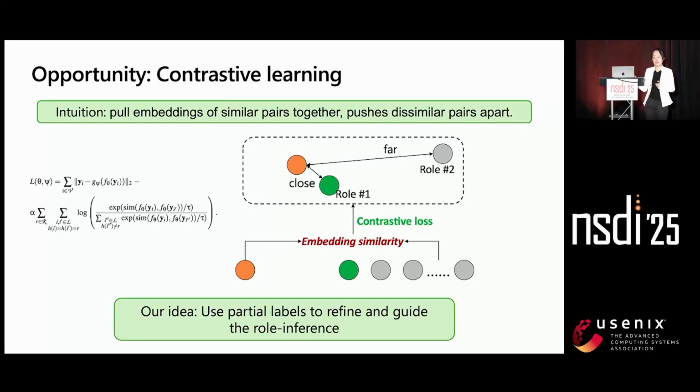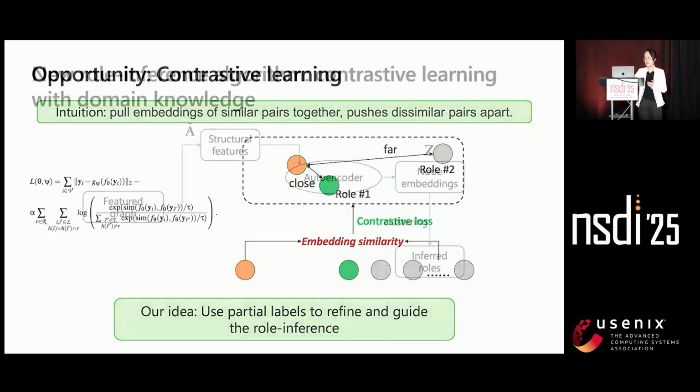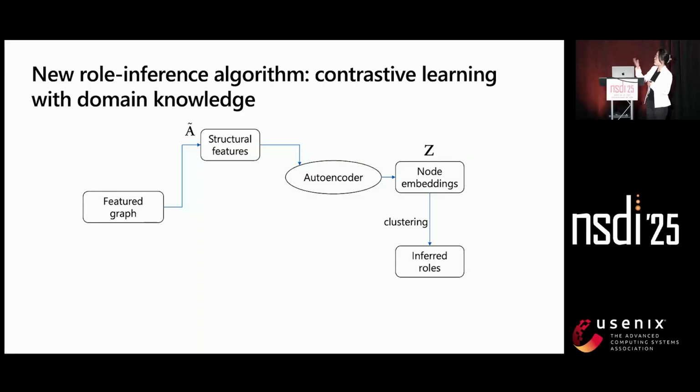So with the contrastive learning concept, we're thinking that maybe we can use these partial labels that exist in the cloud resource graph to help refine and guide us through the row inference process. If you remember, this is the workflow of how existing row inference algorithms do row inference.